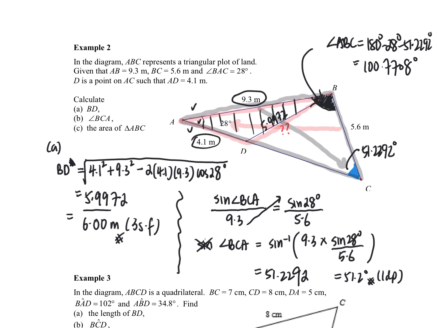Do I have the two adjacent sides? I have, right? So I just do half times 9.3 times 5.6 and then sine of this angle. So that's 25.581 meter square.